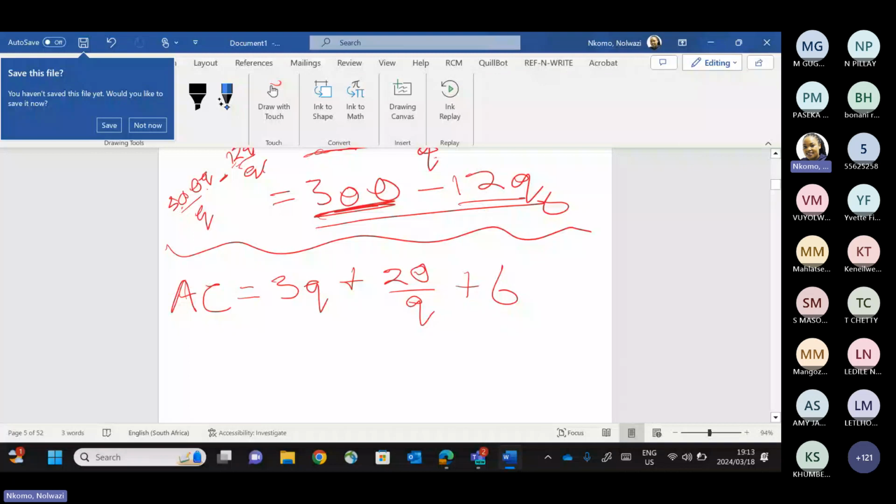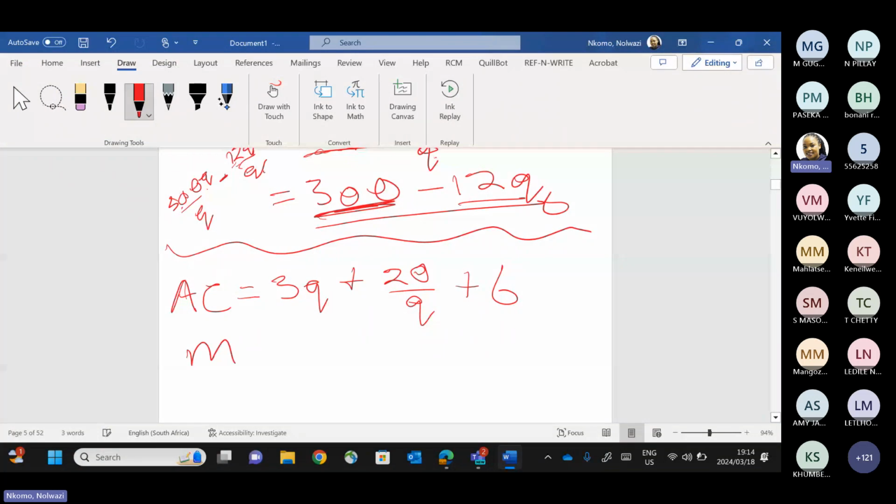Okay, you are given an average cost, and you are asked to find the cost to produce one more additional unit after 10 units have been produced. This means you are asked to find the marginal cost after 10 units, the cost of producing the 11th unit, right? You are asked to find the marginal cost of 10.